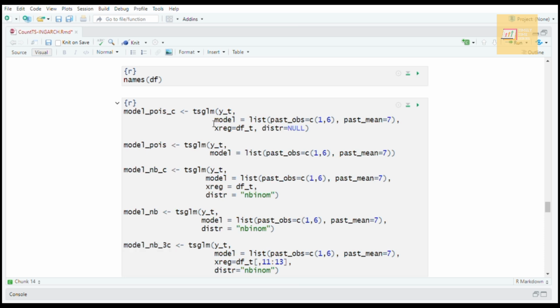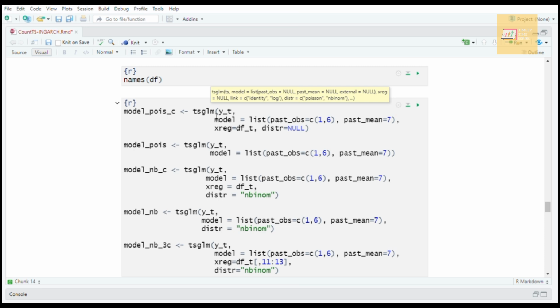Okay, so to fit the model, this function tscount basically initializes the model and fits it right away. As you can see from the pop-up, those are the parameters. The first is the time series, so we're putting in YT, and then the model is put as a list.